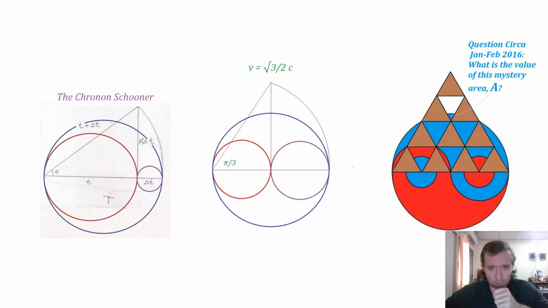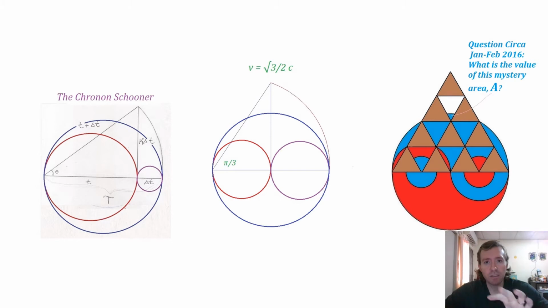And furthermore, the remainder of this video is going to be about how to solve for the blue area at the top of the figure that we call area A. I came up with this question right after drawing the picture.